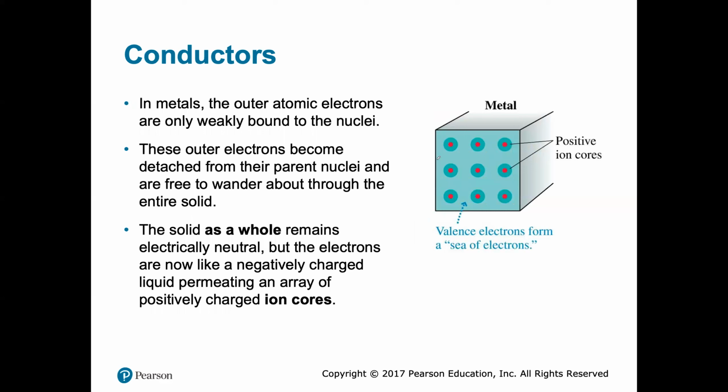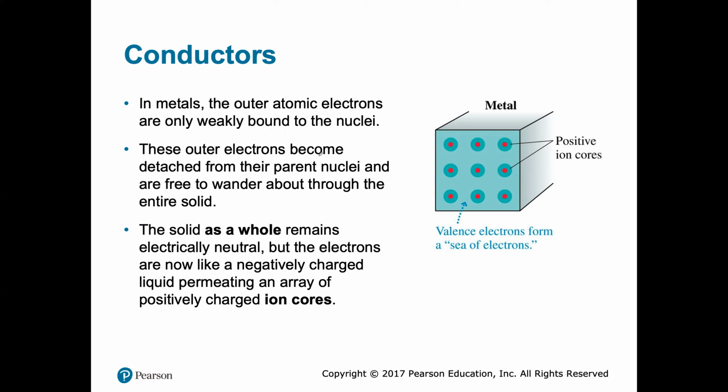Now let's see conductors. In conductors, such as metals, the outer atomic electrons are only weakly bound to the nuclei. What does that mean? That means the electrons are free. It's like a cloud in the entire material, so they can move freely.